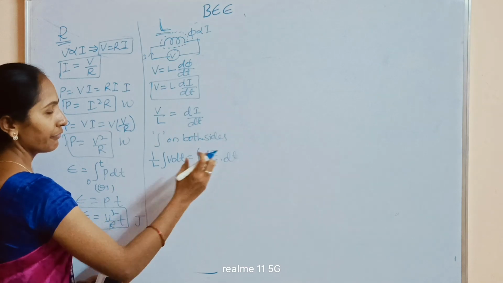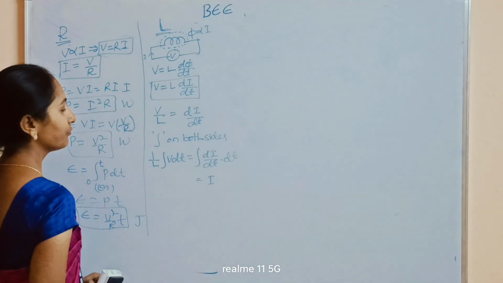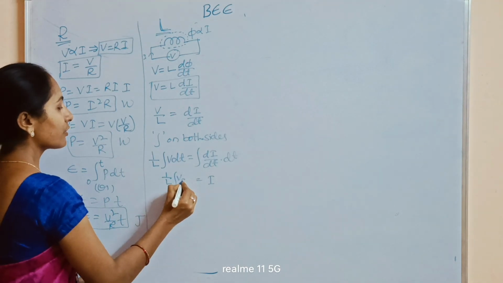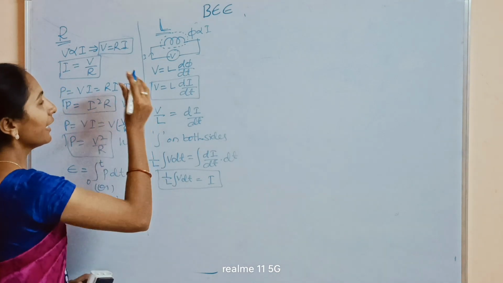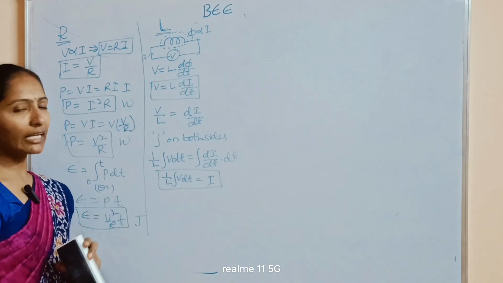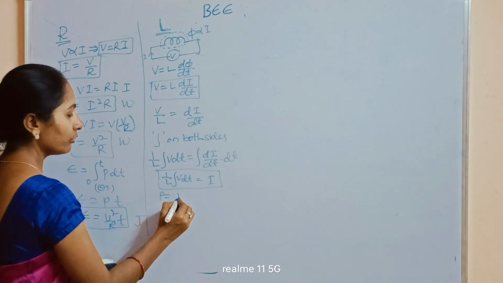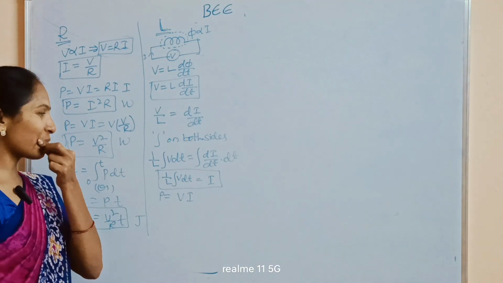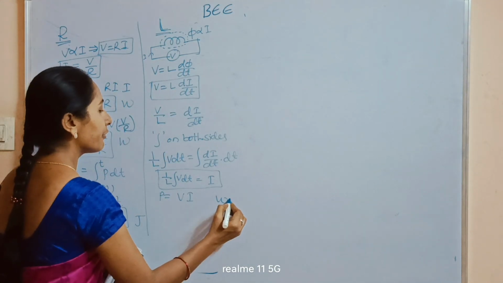Here differentiation and integration get cancelled, and we get current. So the formula is 1 by L into integration V dt. This is the current expression in an inductor. Voltage we got, current we got. Now consider power. Power we already know, that is voltage into current. Just substitute the voltage and current expressions of an inductor, and we get the power in watt.